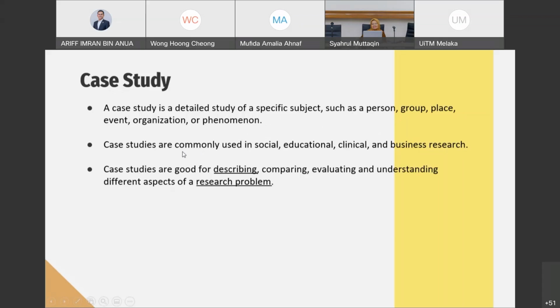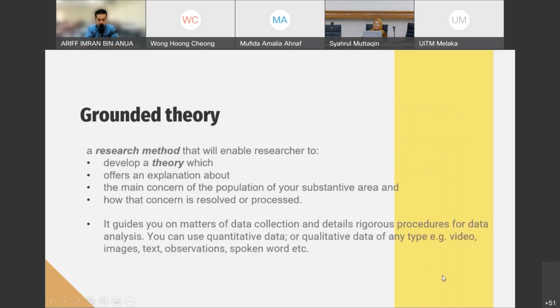It is commonly used in social, educational, clinical, and also business researches. This one is good for describing, comparing, evaluating, and understanding different aspects of a research problem. And then grounded theory.